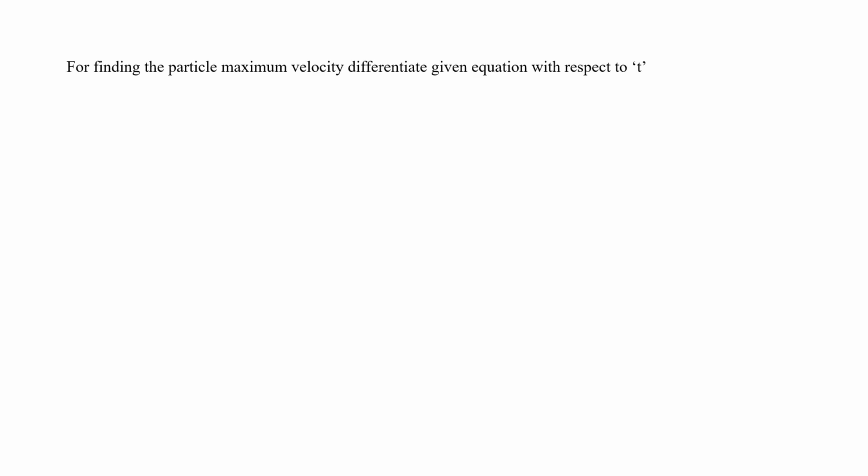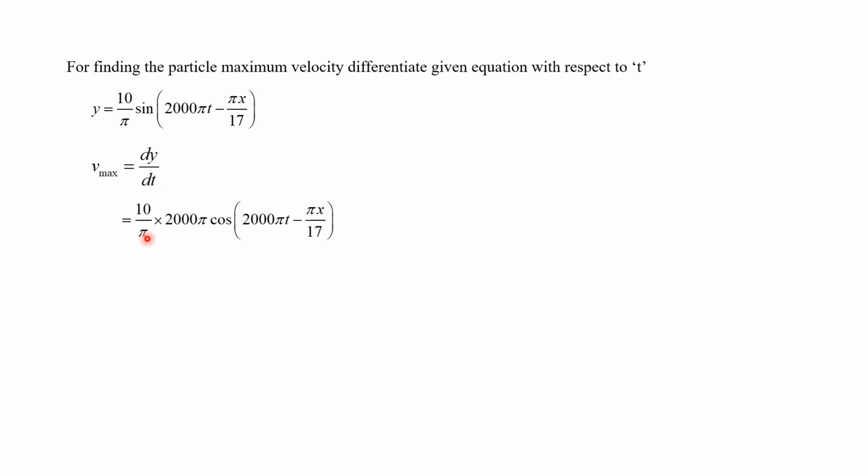For finding the maximum velocity, we just differentiate the given expression, y equals 10 pi sine of 2000 pi t minus pi x by 17. Vmax equals dy by dt. So 10 pi into 2000, the differentiation of sine is cos, of 2000 pi t minus pi x by 17, times 2000 pi.